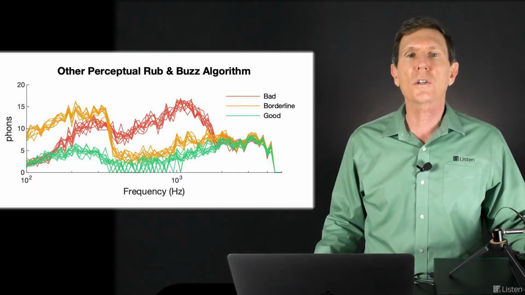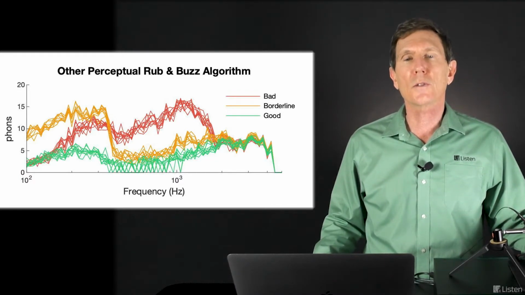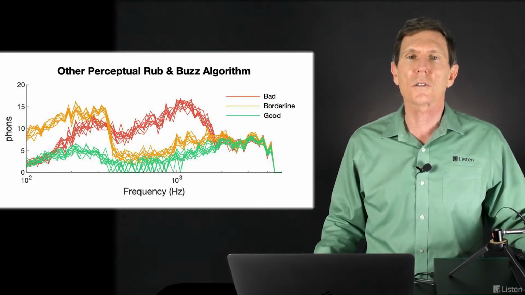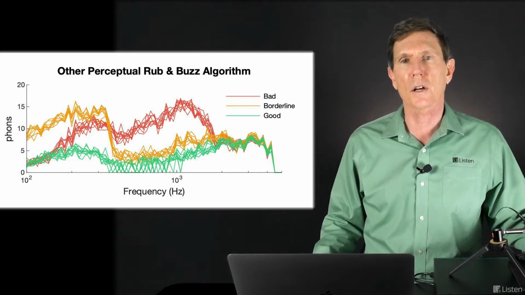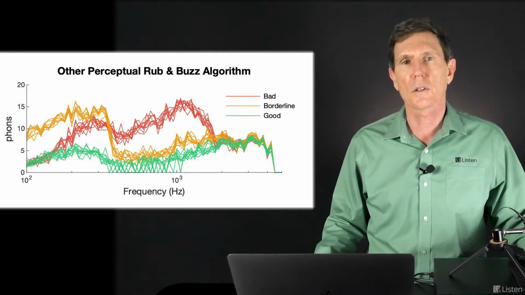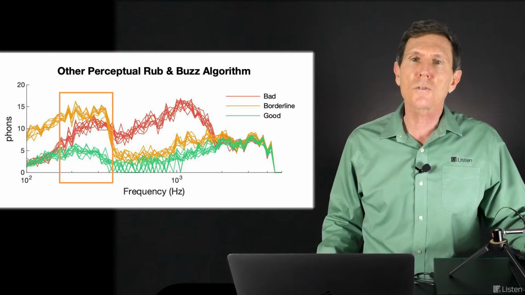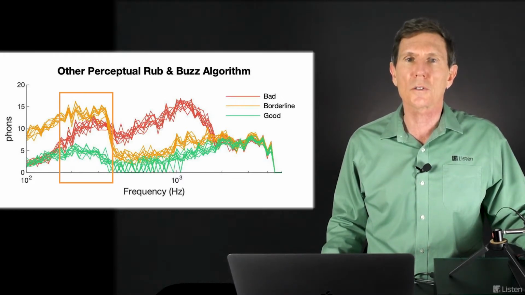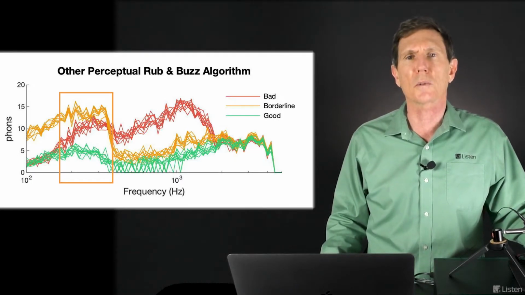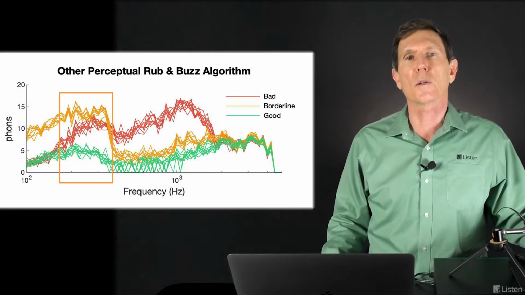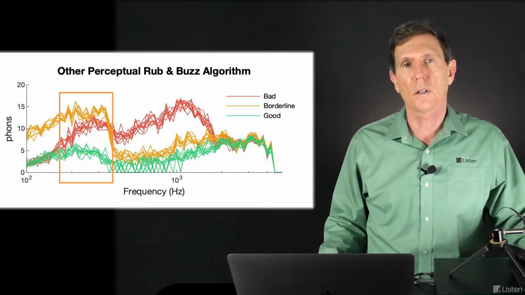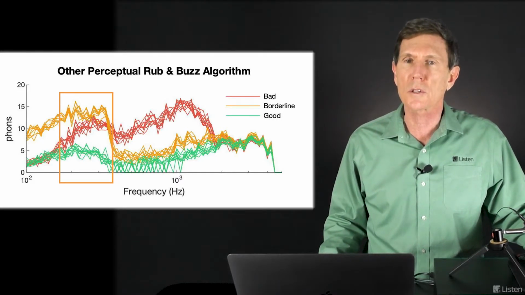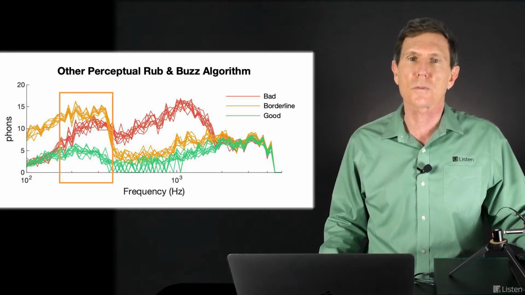Even if you couldn't hear the difference, you can clearly see from the measurement that the harmonics are considerably higher throughout the frequency range in the bad loudspeaker. In fact, at the 256 Hz we just listened to, that algorithm actually showed greater distortion with the borderline speaker, the orange line, than the bad speaker, the red line. This doesn't correlate at all with either the high order harmonic distortion measurement or listener perception.